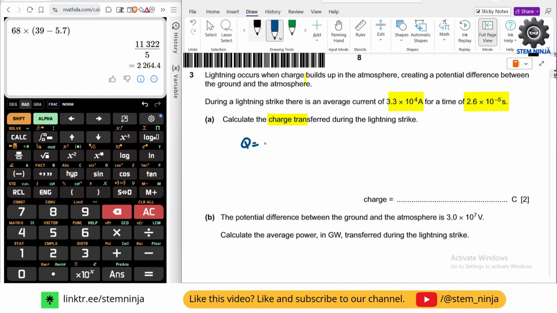So basically Q is equal to IT. So I is 3.3 10 raised to the power 4. Time is 2.6 10 raised to the power minus 5.